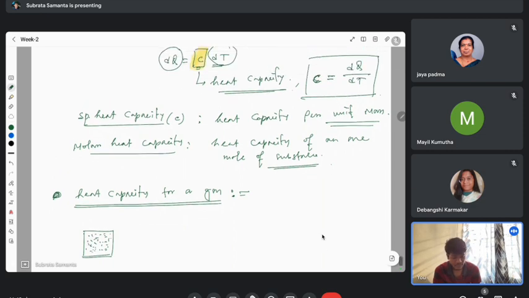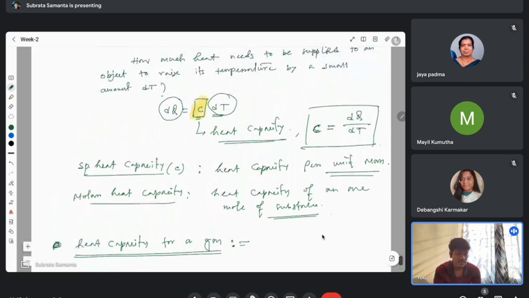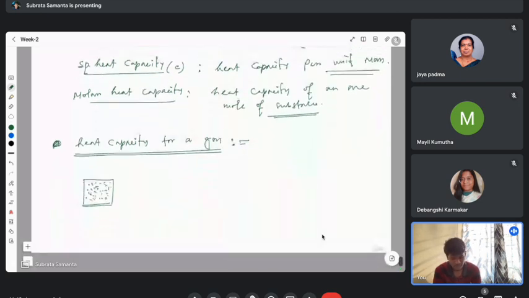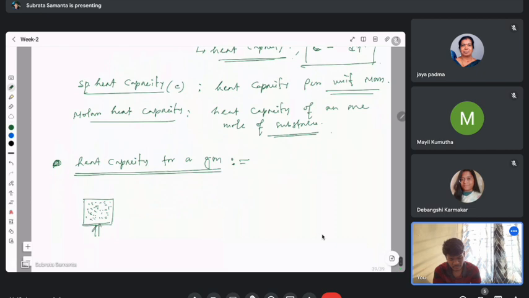We increase its temperature by dT, adding some heat to the system.